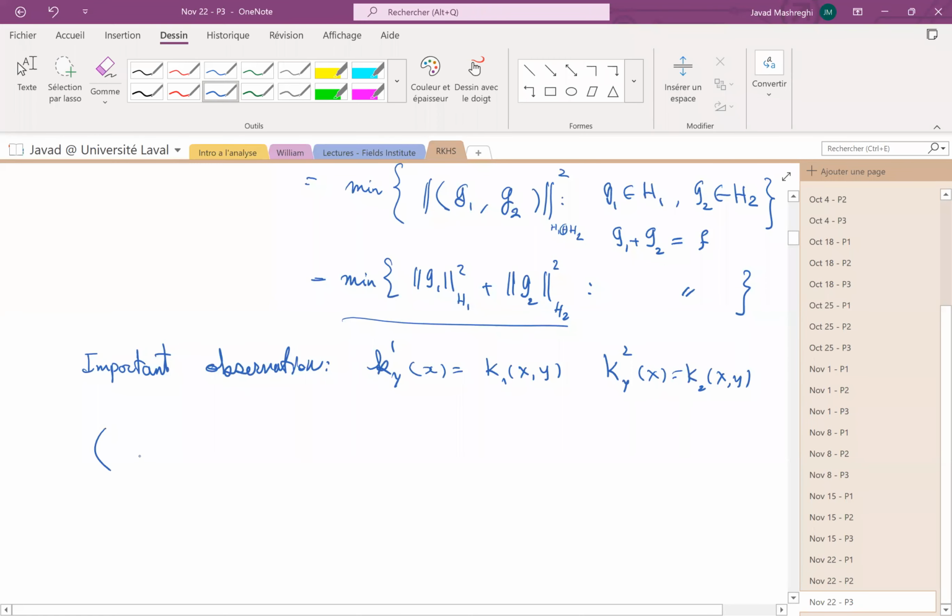The element (k_y^1, k_y^2), which is of course in H1 plus H2, is orthogonal to N all the time for any y. That's a very important observation.